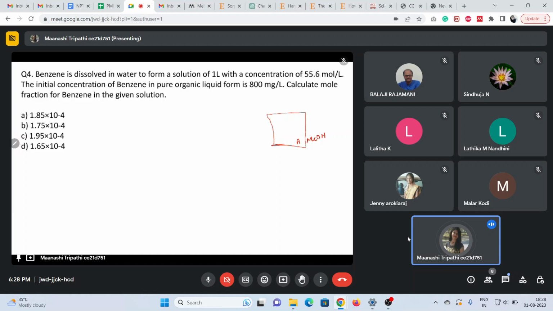So the mole fraction is C6H6 over H2O plus C6H6. This is also one of the basic concepts that we should learn when adding two different liquids of the same nature as well as different nature. Please try to solve this question and we'll see the solution in a minute.